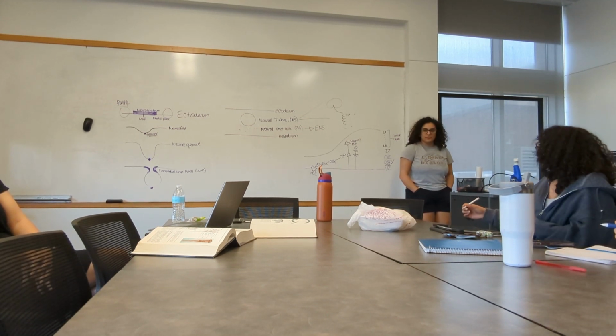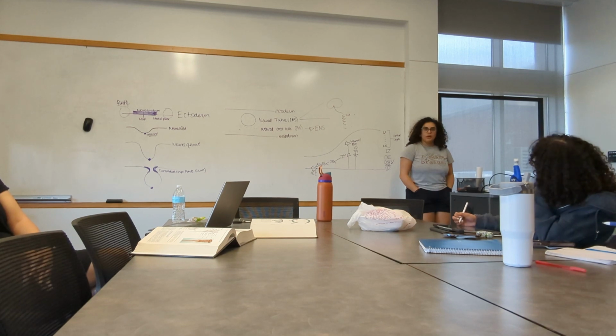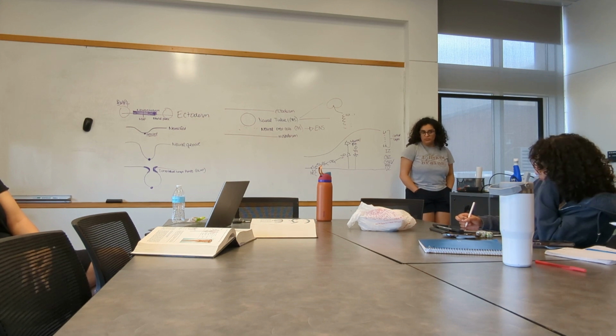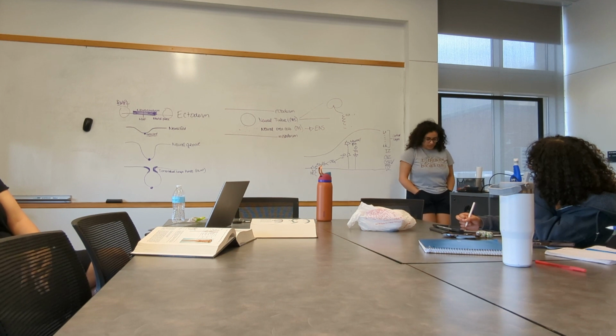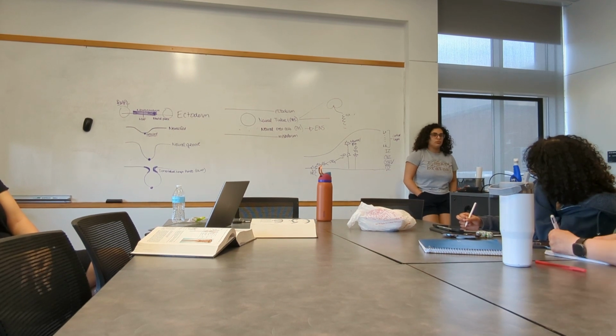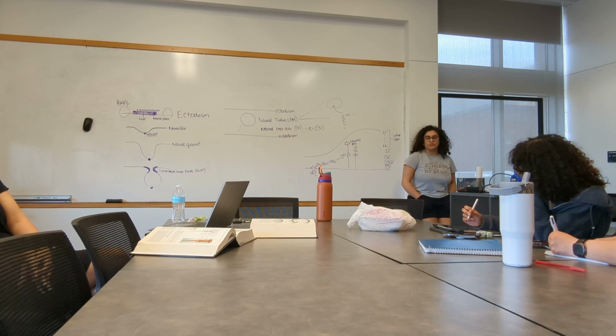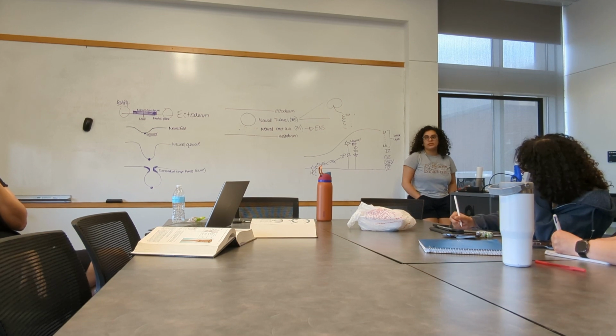And what process is that really important for? Okay. Why is it important that we're able to give rise to new neurons in an adult brain? Oh, hippocampus. Learning and memory.